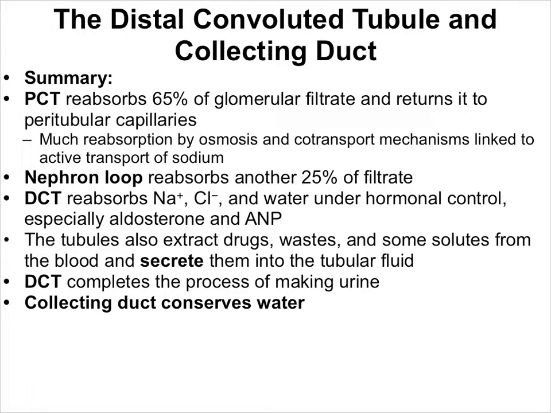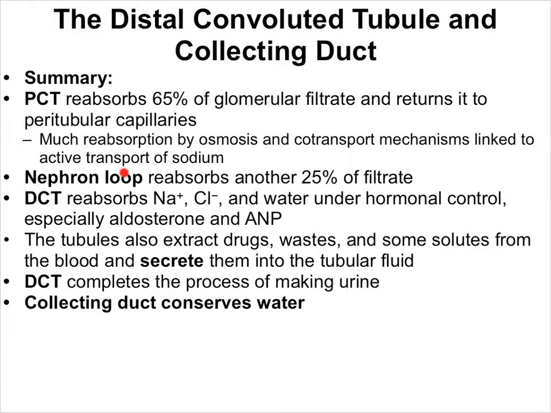Where solutes go, water follows. So you are absorbing your solutes and salts through transcellular reabsorption, and then water follows through paracellular reabsorption. The nephron loop is going to reabsorb another 25% of that filtrate.